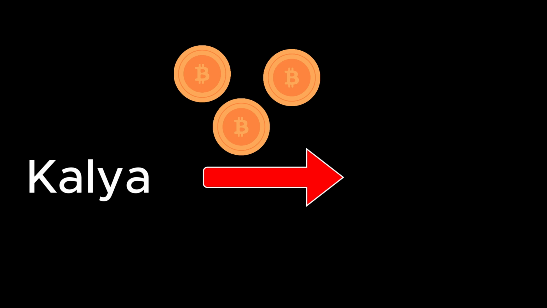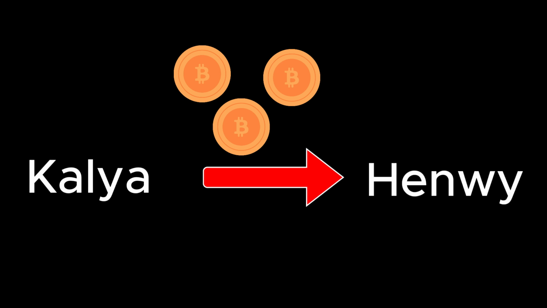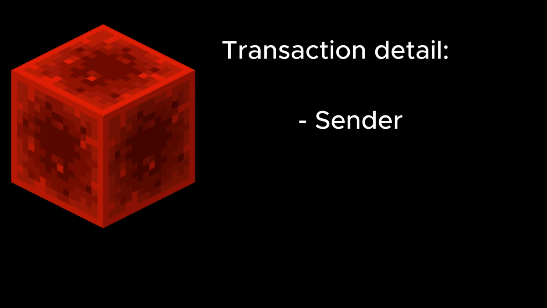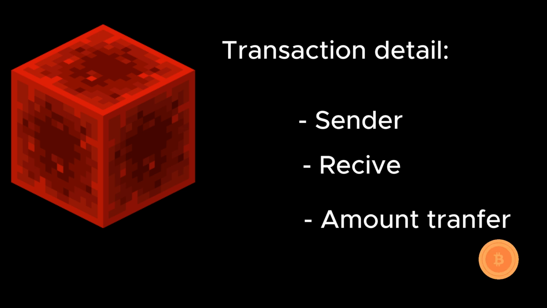Now if Carl transfers 3 Bitcoin to Henry, this transaction will update all the blockchain to create a new record as a form of a block. This block contains transaction data such as who is the sender, who is going to receive it, and the amount of Bitcoin going to be transferred.